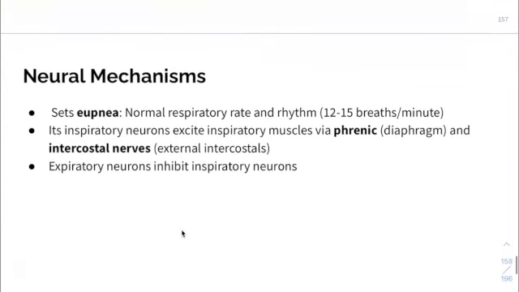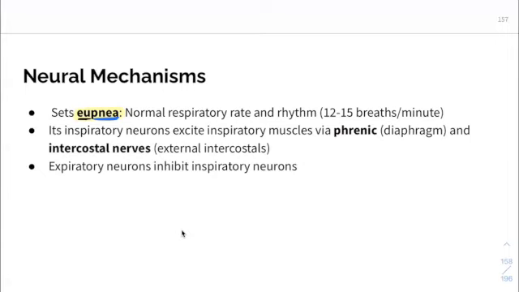Normal respiratory rate is eupnea. The "eu" at the beginning talks about something that's normal. "Pnea" refers specifically to breathing or that respiratory rate.